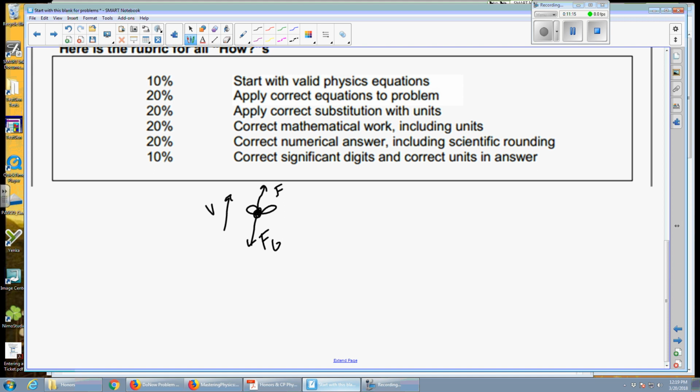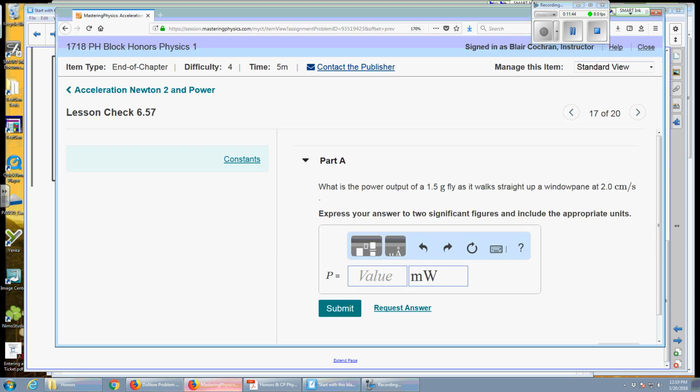Okay? So I'm going to jump to my equation sheet again and grab another form of power. And power is force times velocity. And there's actually a dot in there, but don't worry about that. And so the amount of power that I need to use here, that's what they're asking for, right?